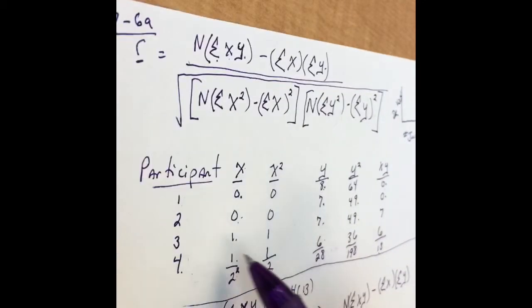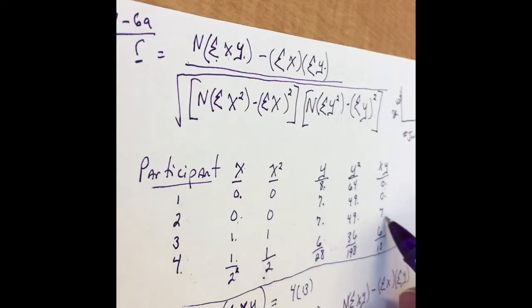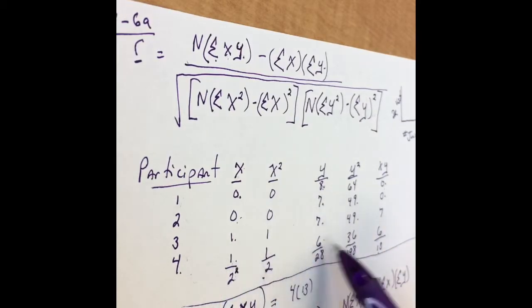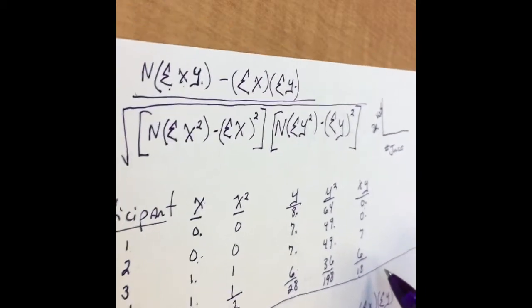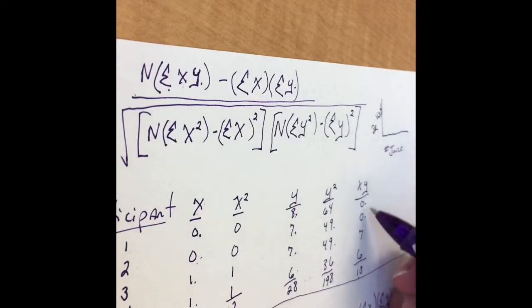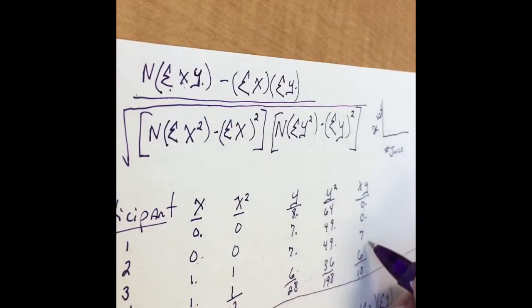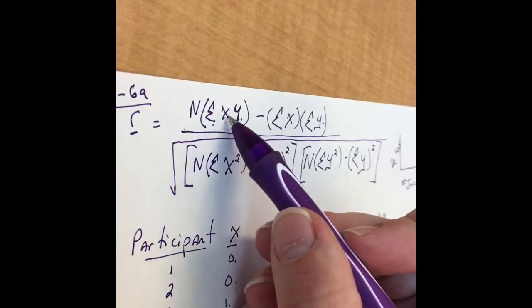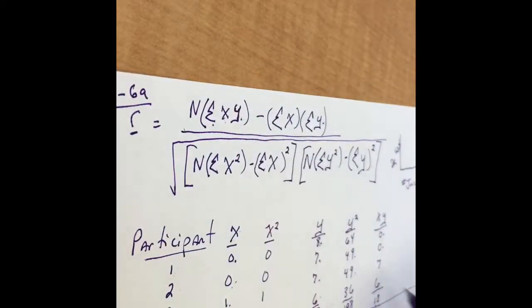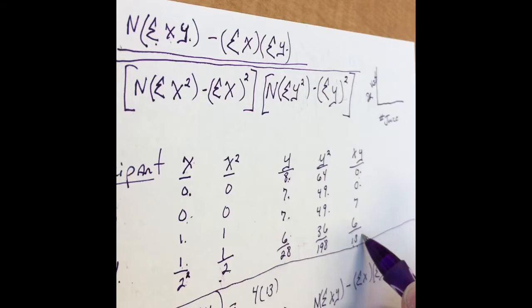Third person, 1 times 7 is 7, 1 times 6 is 6. Now I can add them up. 0 plus 0 is 0, plus 7 is 7, plus 6 is 13. So now I know that the sum of my x times y is 13.